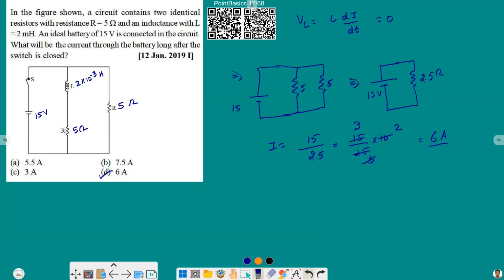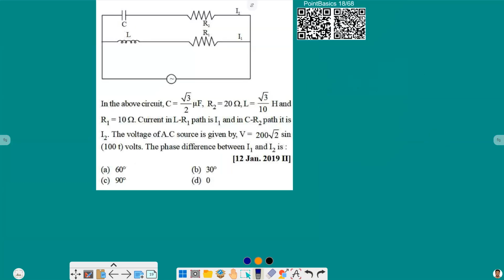Now let's move to the next one. In the above circuit, C is root 3 by 2 microfarad, so this is root 3 by 2 into 10 to the power minus 6, R2 is 20 ohm, L is root 3 by 10 Henry, and R1 is 10 ohm.